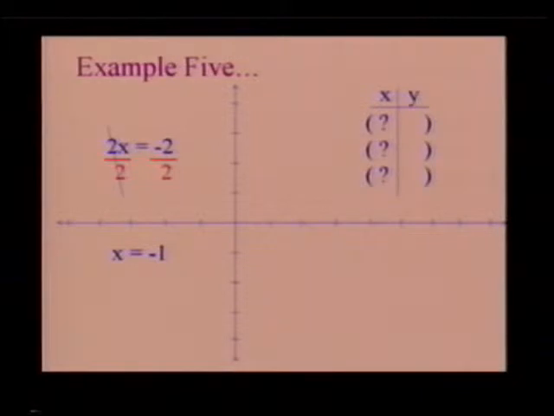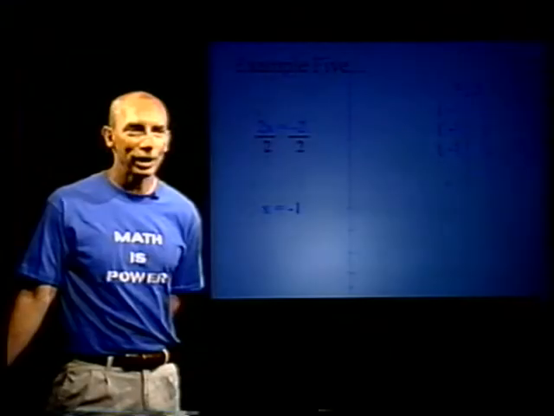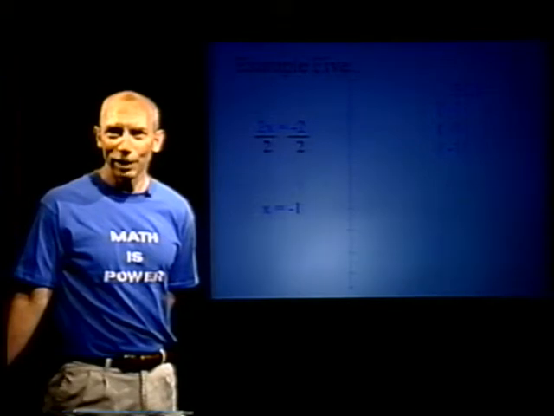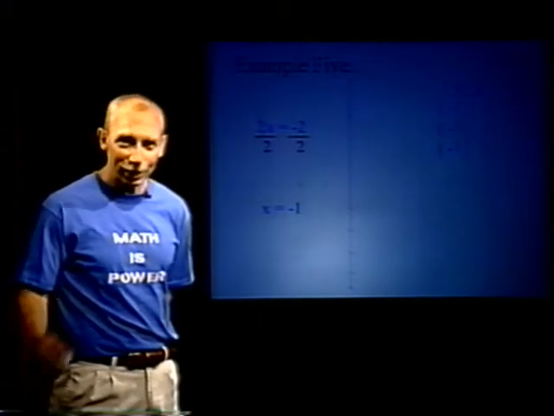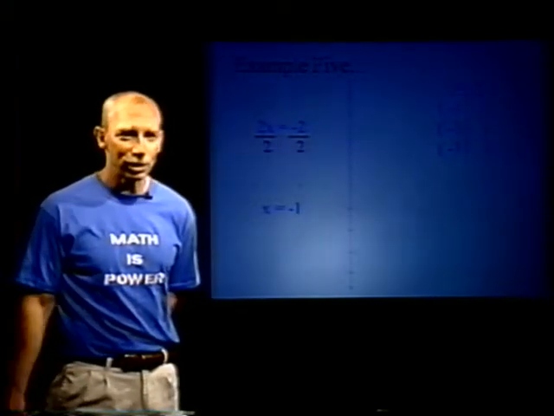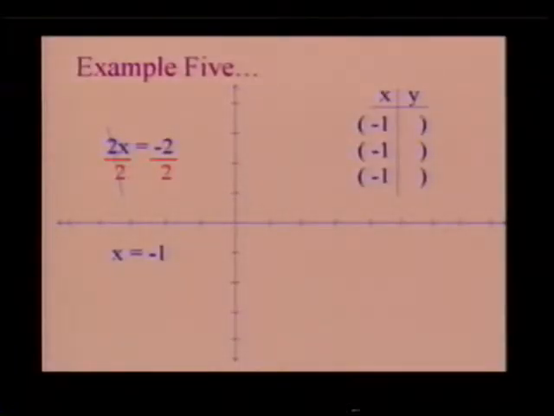X is negative 1. Well, in this case, what can I put in for x? Well, you don't got much choice. X is negative 1. Now, that's your choice, okay? Negative 1, or negative 1. So it's kind of a weird one, but it's one of those ones that's relatively easy. As long as you know what to do. In this case, x is negative 1. What were you going to put in for y? Well, there you can put anything you want.